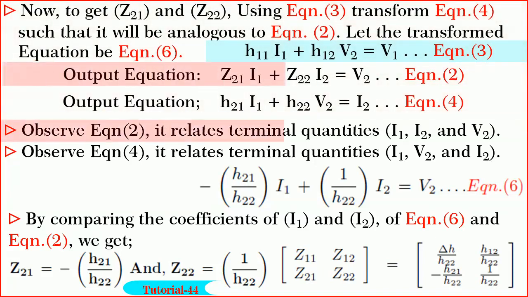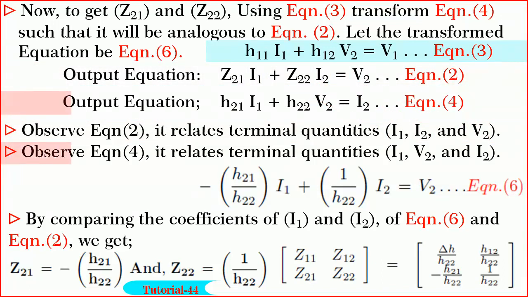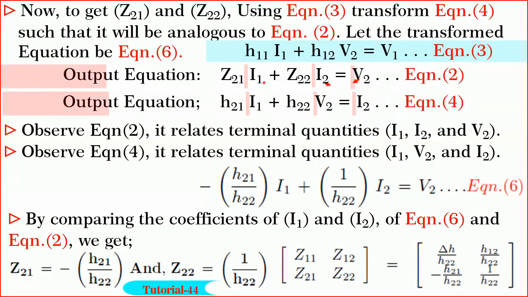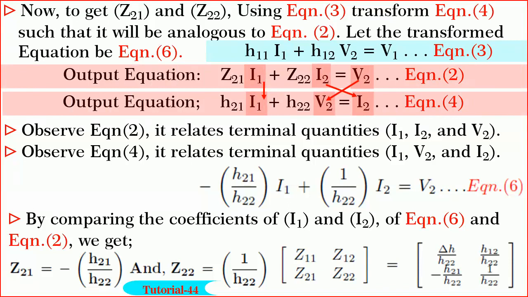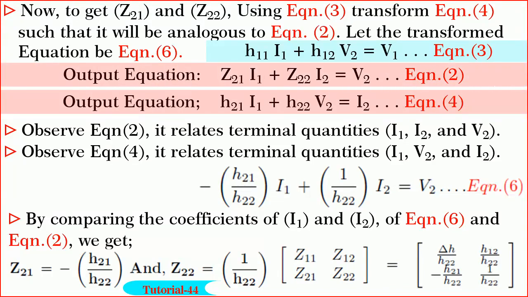So, observe equation 2. It relates I1, I2 and V2. Similarly, equation 4 relates I1, V2 and I2. You see that both equations relate the same terminal quantities, meaning we have to just rearrange equation 4 to be analogous to equation 2, that's all.